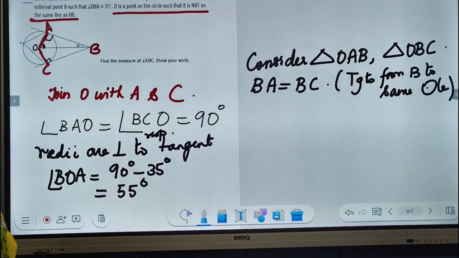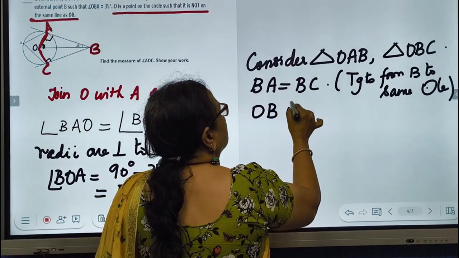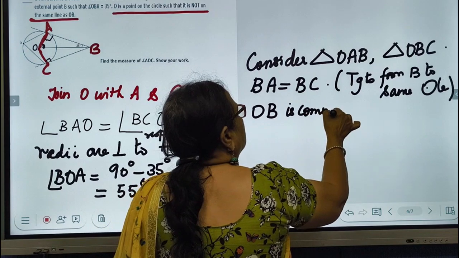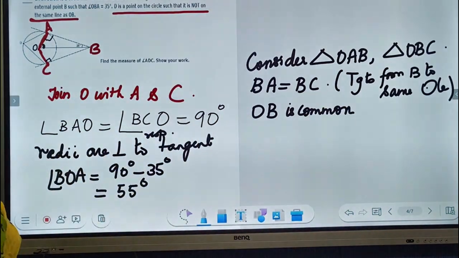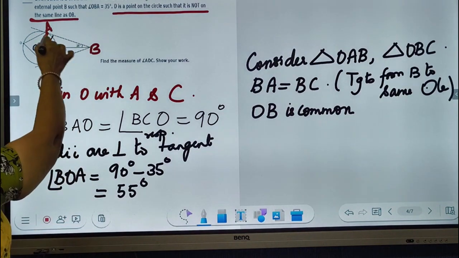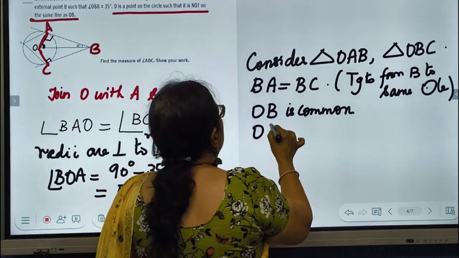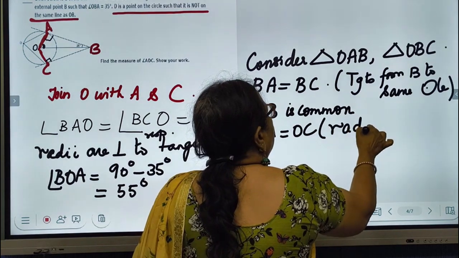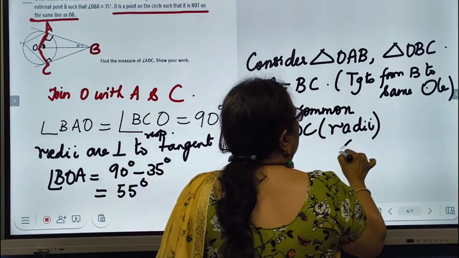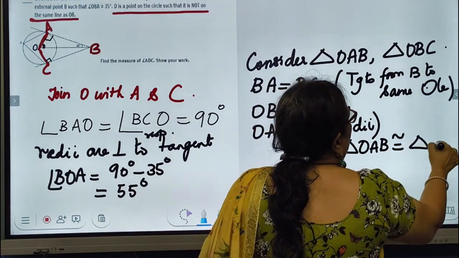So BA equal to BC. OB is common. And OA equal to OC. Why? They are radii of the same circle. So triangle OAB is congruent to triangle OBC.